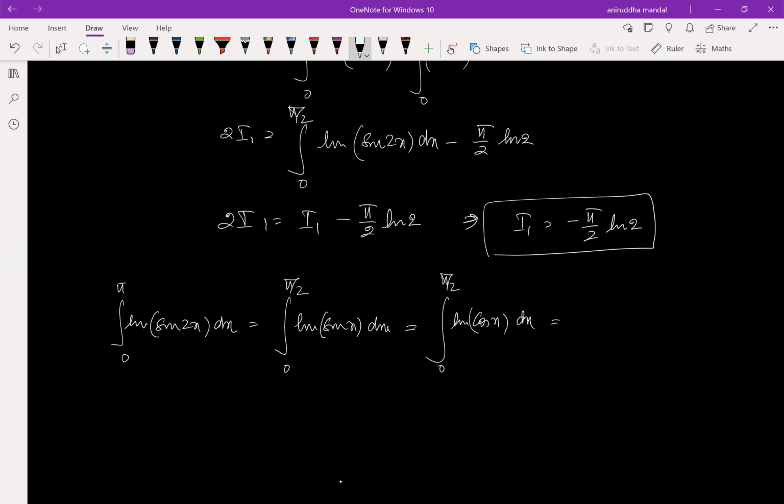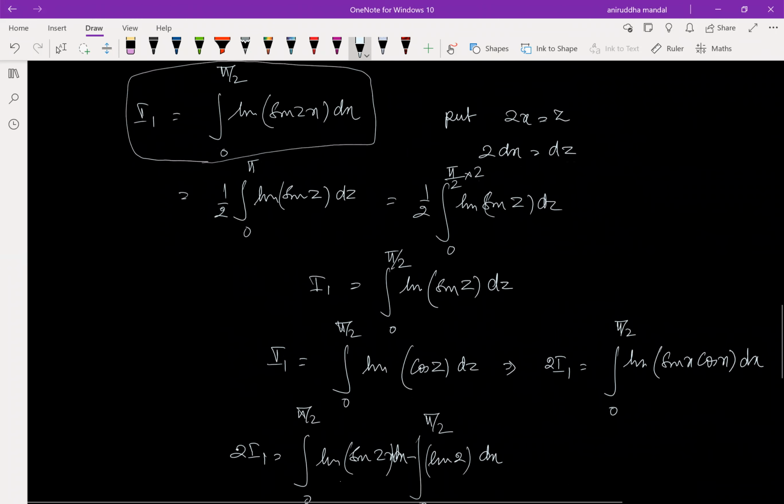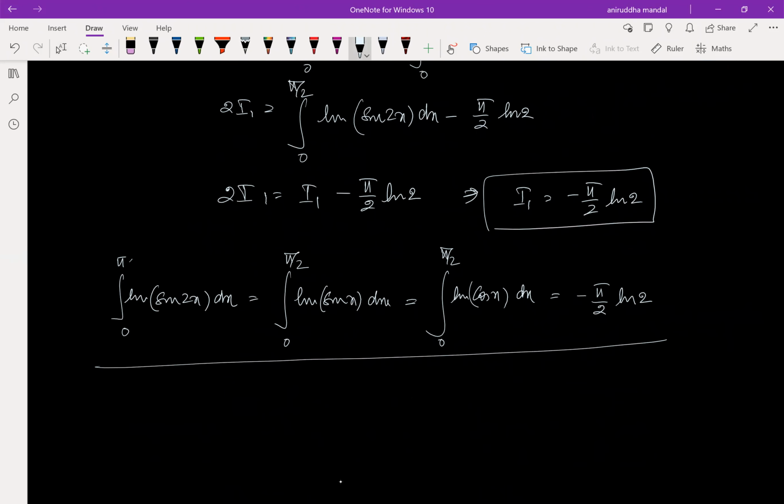All have the same integral value, and which is minus pi by 2 ln 2. Just remember this. Okay, this is pi by 2. This is pi by 2. So this has the same answer.